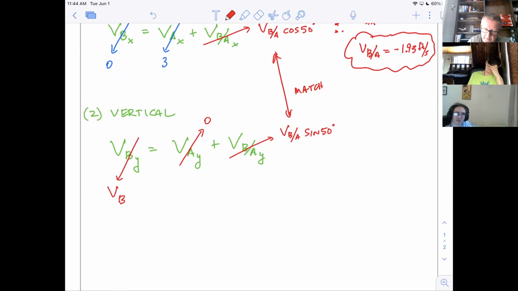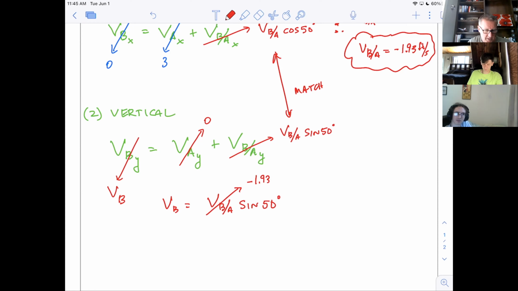So that means the velocity of B is equal to velocity of B over A times the sine of 50, but we just figured out that that was -1.93.